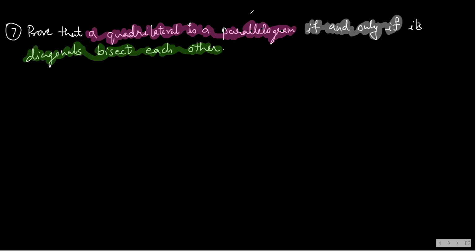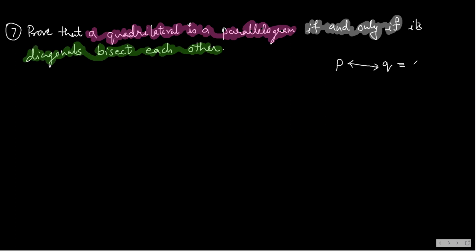Let me now take you to mathematical logic. If you remember, students, if and only if is a double implication. So when I have P double implication Q, P if and only if Q, what does that mean?